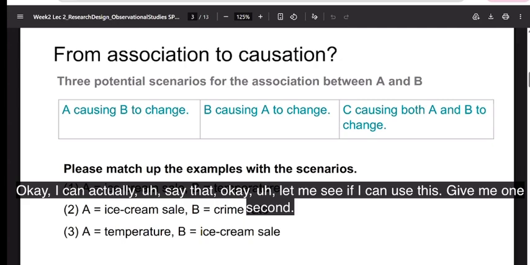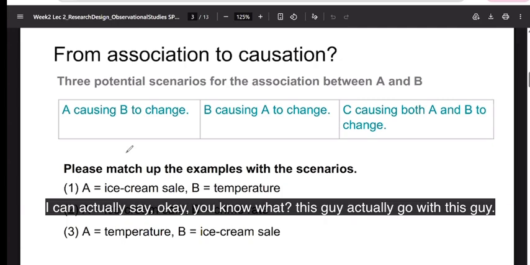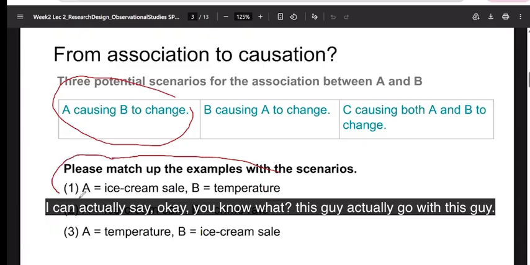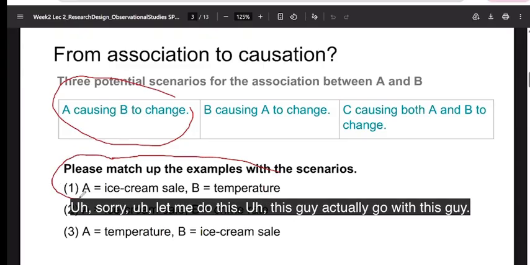Let me see if I can use this. Give me 1 second. I can actually say, go with this one. Sorry, let me do this.